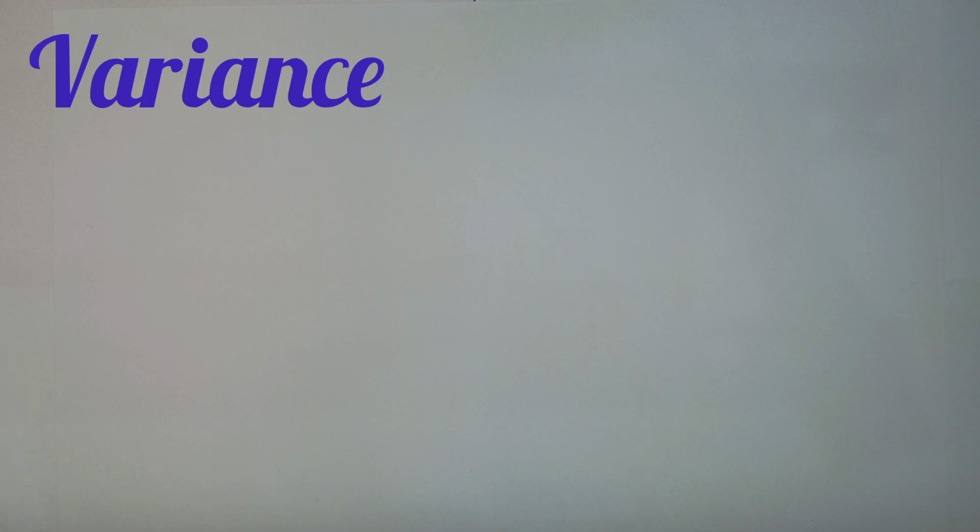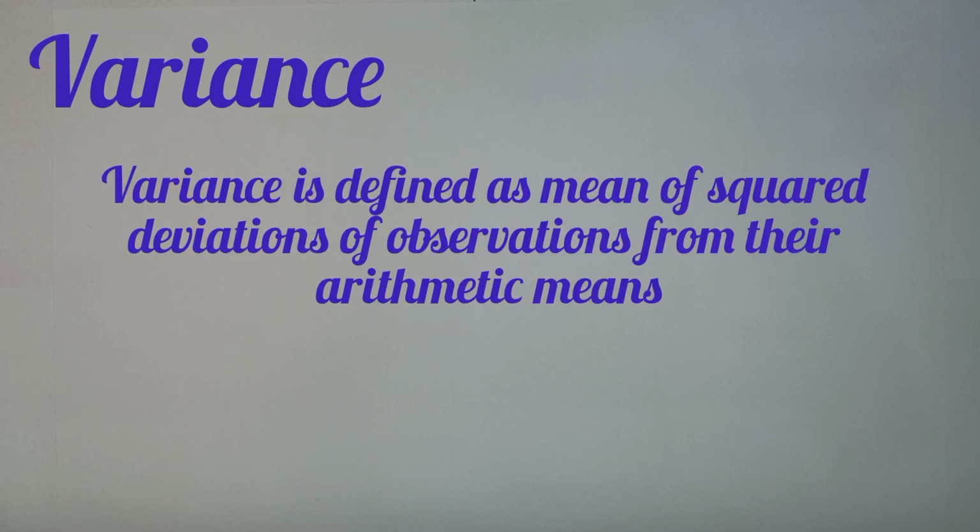Now the variance. Variance is the second measure of dispersion. Variance is defined as the mean of squared deviations of observations from their arithmetic mean.